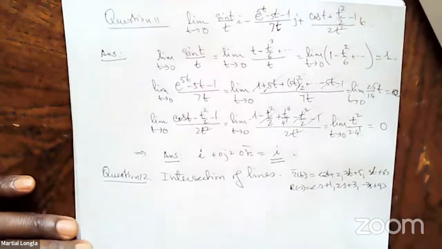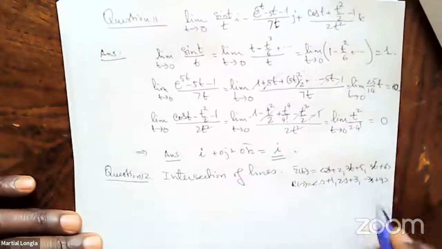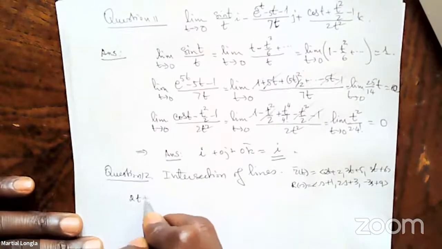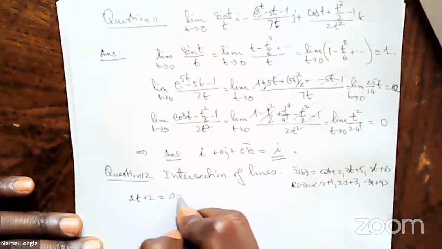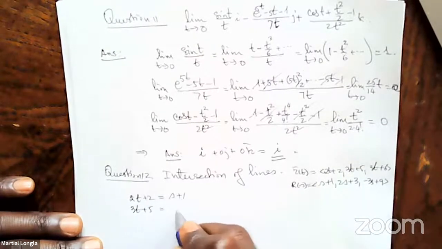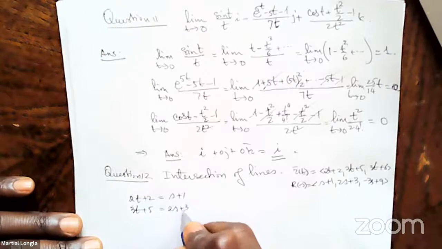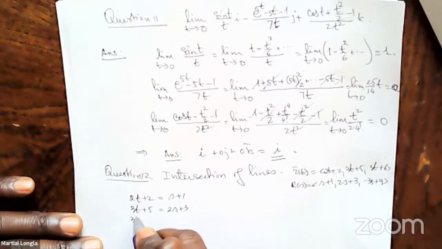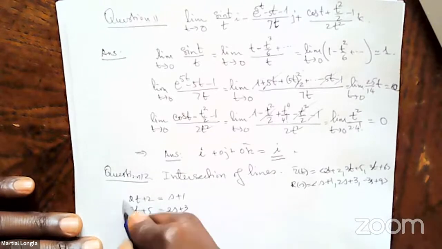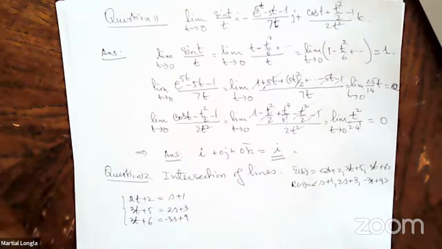And I said to answer this question, you need to set the components equal to each other. So that's 2t plus 2 equals s plus 1, 3t plus 5 equals 2s plus 3, 3t plus 6 equals negative 3s plus 9. And then we solve this.